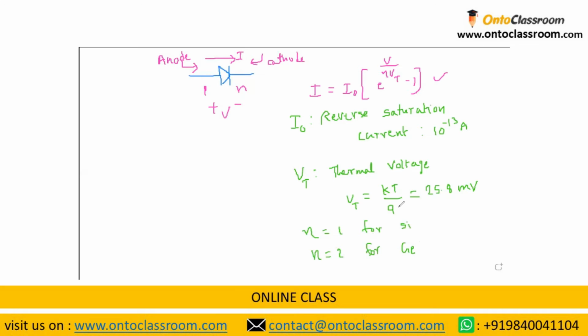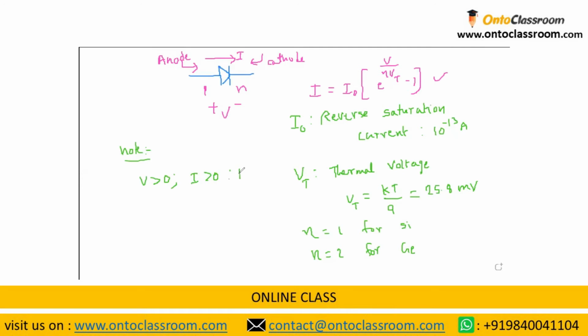These are the points I would like you to note down about the diode. A very important point: when applied voltage is greater than 0, which means when voltage is positive, current will be greater than 0 through the diode.